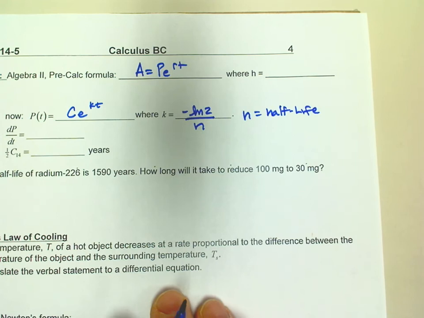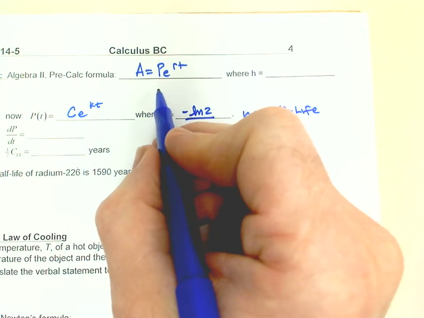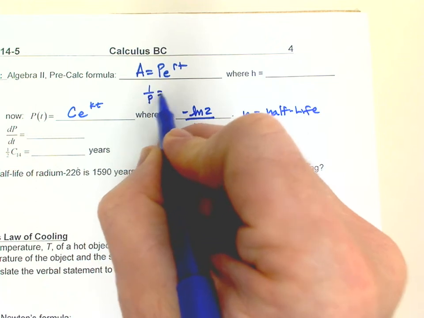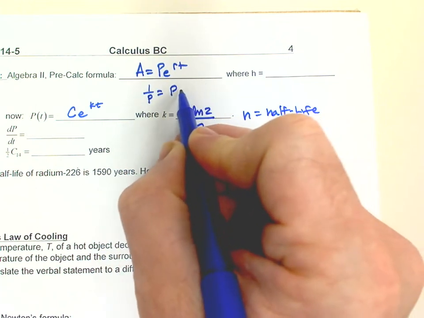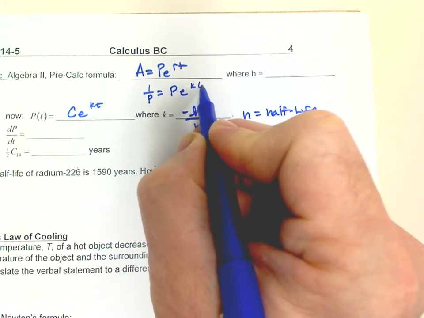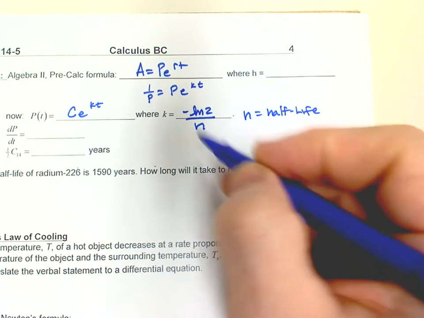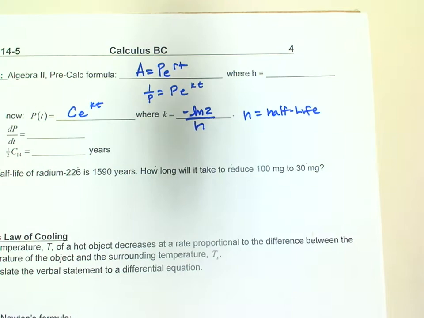That could be solved, if you wanted to solve the equation, that would be 1/2 of P equals the initial P times e to the kt, and solving for that would give you this setup.